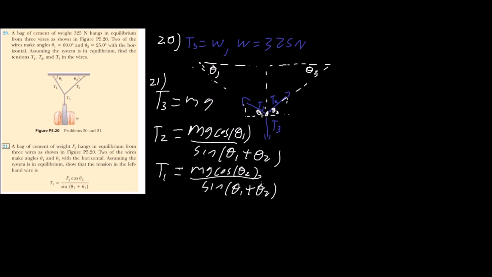And I'm going to multiply that by cos of 25 degrees. For this one, theta 1 is 60 degrees. Theta 2 is 25 degrees.